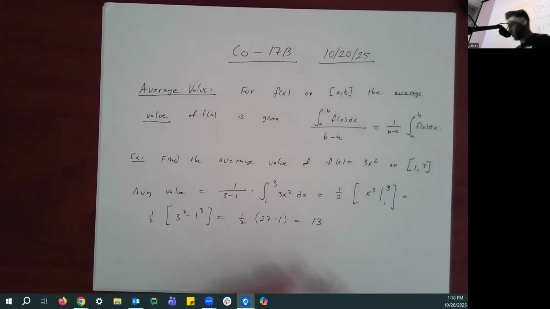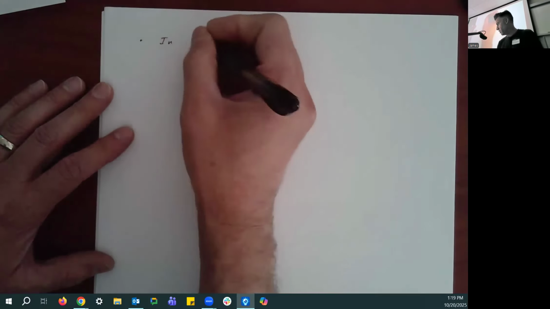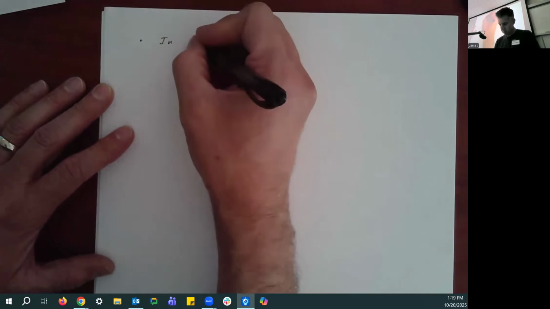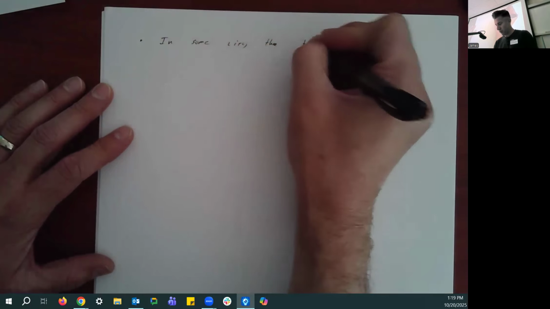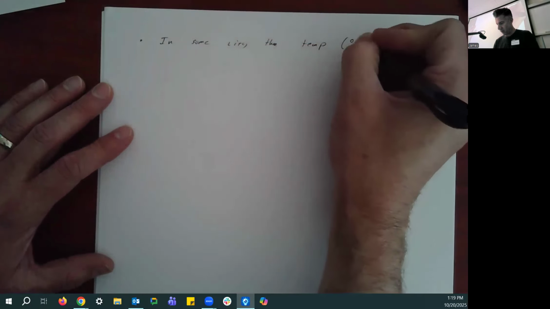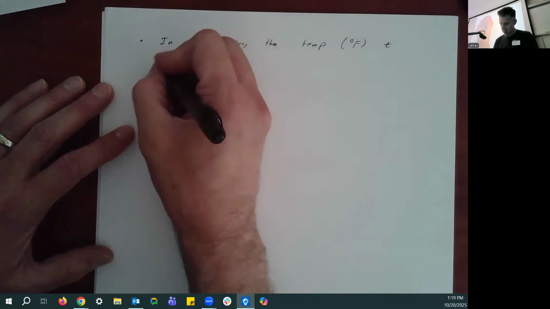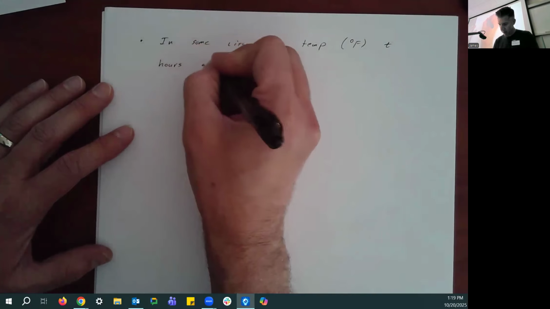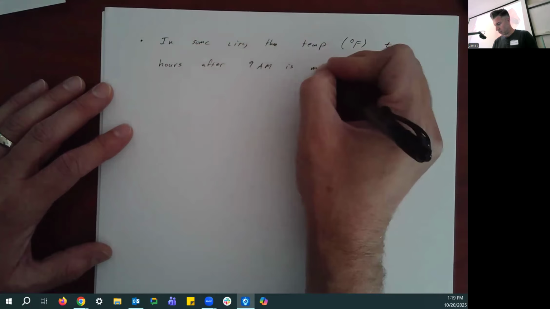We'll talk about one more example, because sometimes the questions are not so straightforward, like the next one. So here we go. In some city, I don't know which city, some city, the temperature in degrees Fahrenheit, T hours after 9 a.m. is modeled by this function.